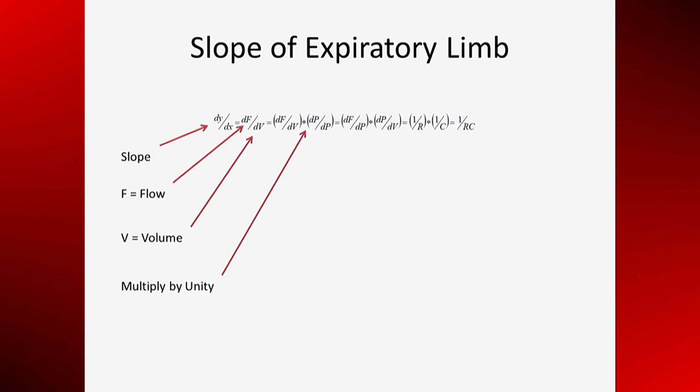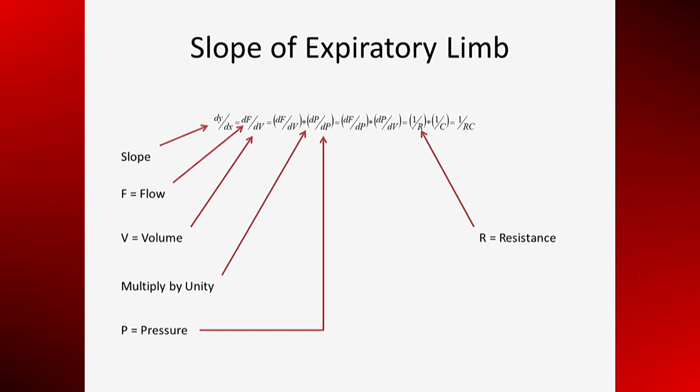I multiply the slope by 1 using the derivative dp/dp as unity. This maneuver introduces the variable p, which is pressure. The product is then rearranged to give two recognizable derivative terms.